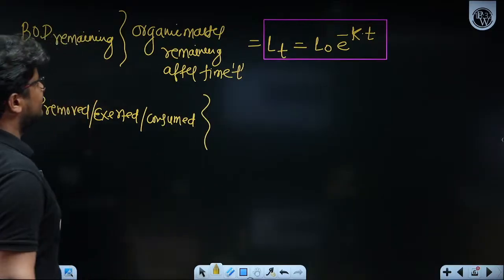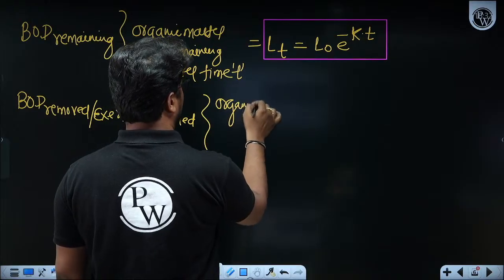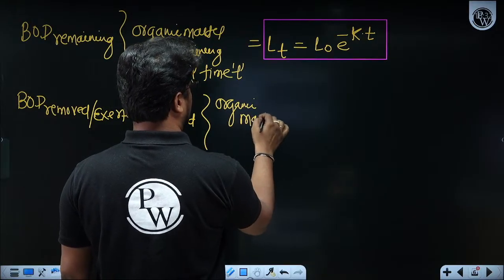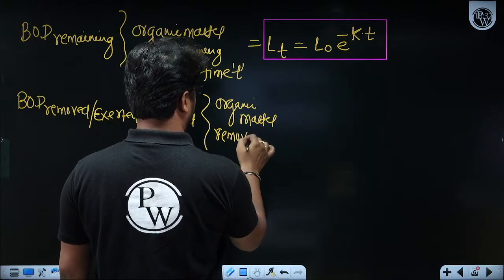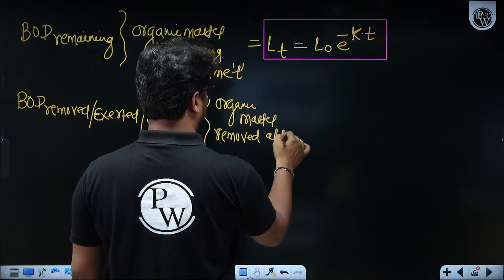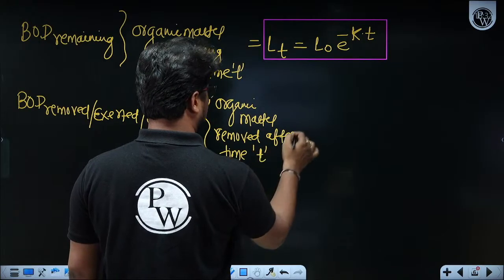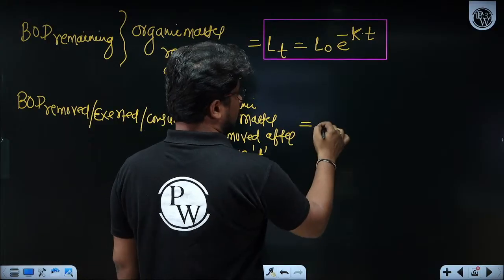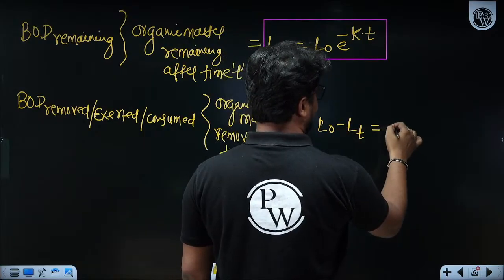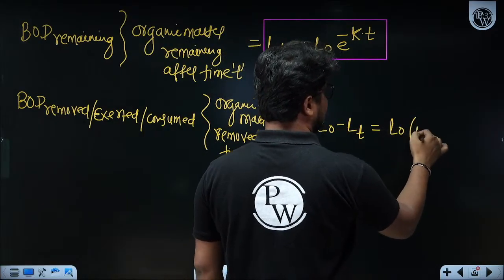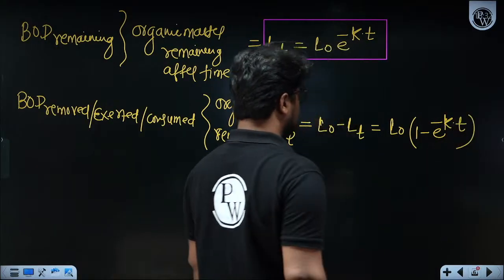So this is equal to organic matter removed after time t. So it is equal to L0 minus Lt. If you take L0 common, it will become L0 times 1 minus e to the power minus k into t.